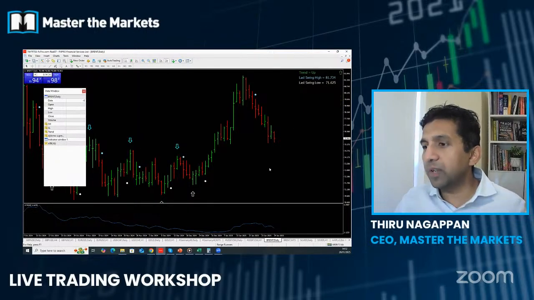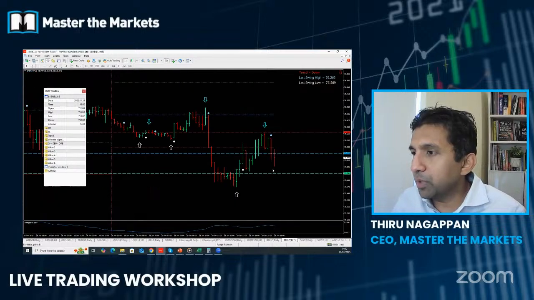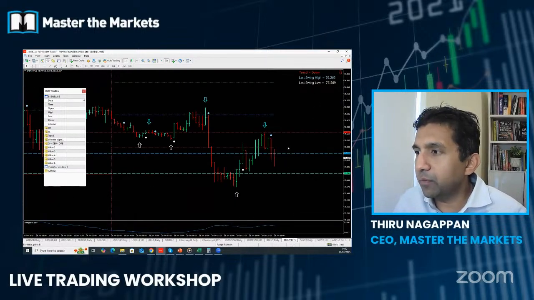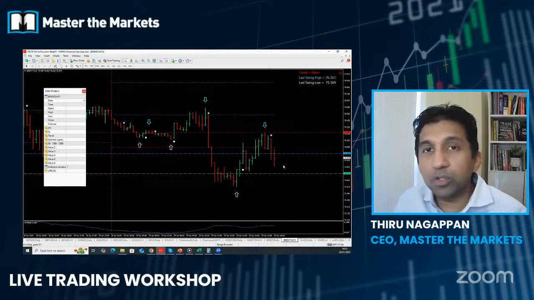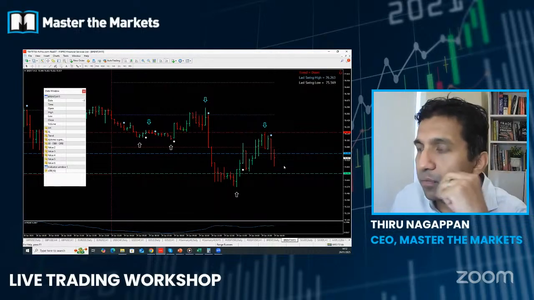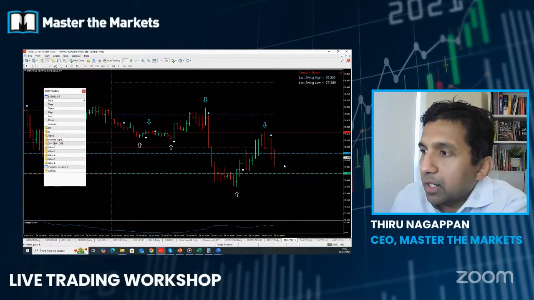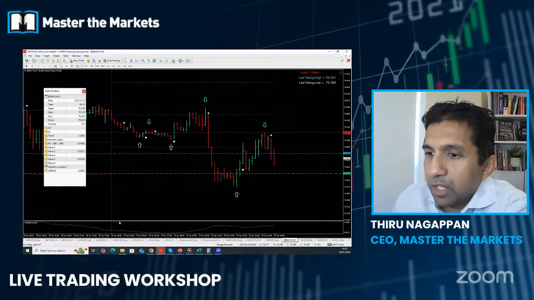So there's still more move left for the range to be covered for the day. So you can wait for this and we can see whether it gets there on the second strategy. On the first strategy, you can wait for the range to get there. Okay, so that's what we can be doing.